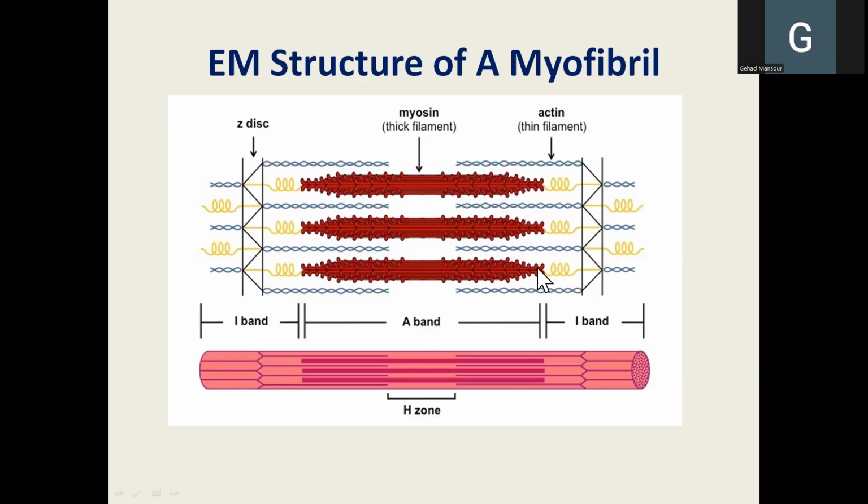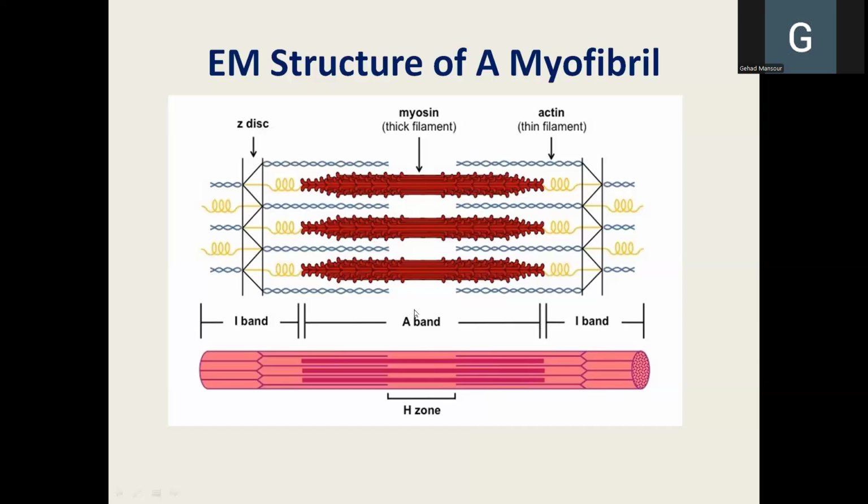Myosin filaments, the thick filaments, alternate with actin. So here we have a very regular arrangement that is responsible for the striations. We have a dark band, which is the A band, and a light band, which is the I band. The A band, or the dark band, is the place where you can find both actin and myosin, so it extends from here to there.